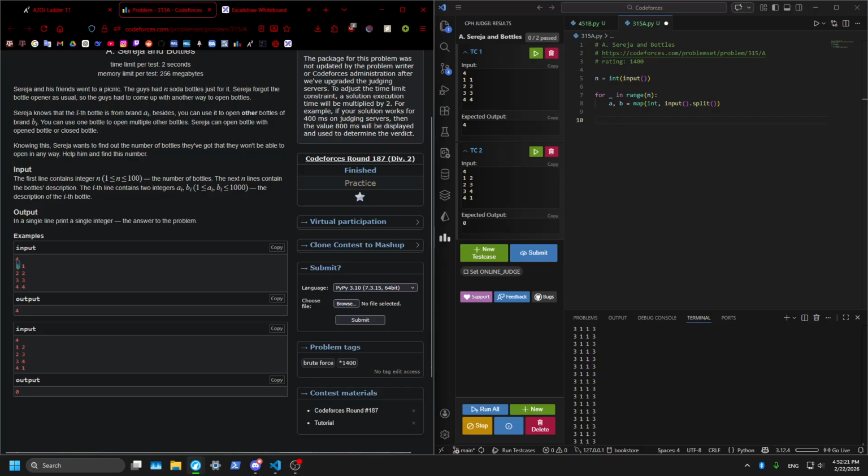A_i is 1. So A1 is 1. B1 is 1. So notice that the first bottle is from brand A1. You can use it to open other bottles of brand B1.